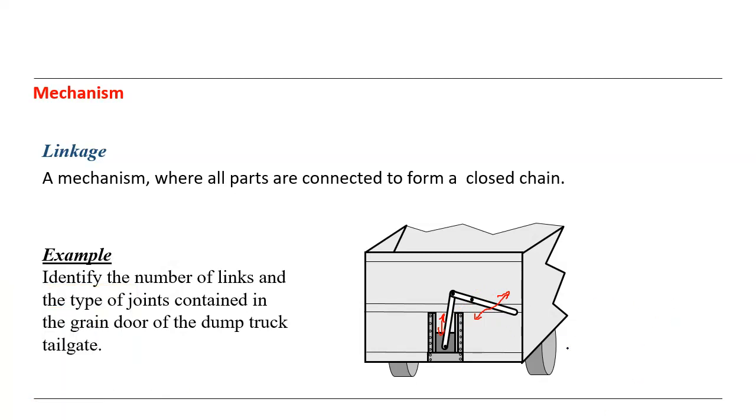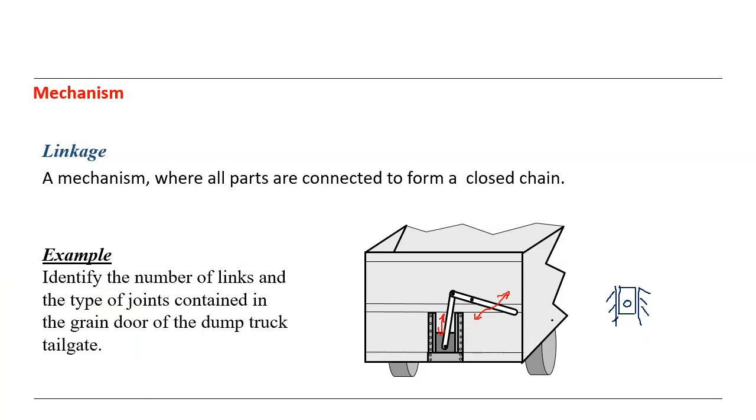We see there is a slider here, like this. So there is a slider, and the slider is supported from both sides, left and right, like this. Okay. And there is a pin joint here.